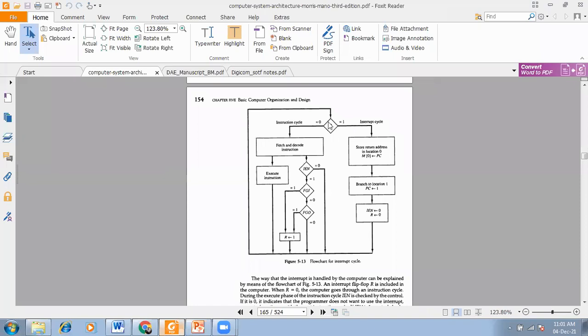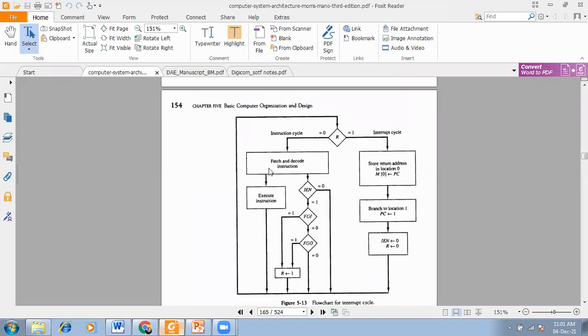Now, for interrupt, you have one register, R. One flag is there, R. If R is 1, that means an interrupt occurred. If R is equal to 0, then no interrupt is there. So when R is equal to 0, no interrupt means normal execution.